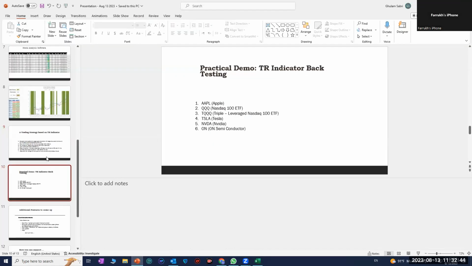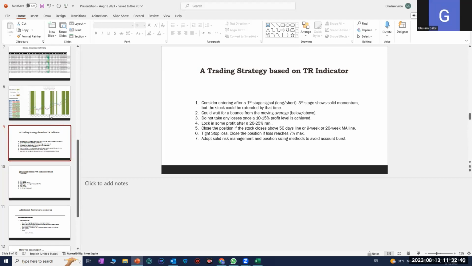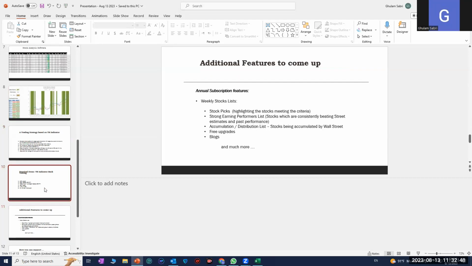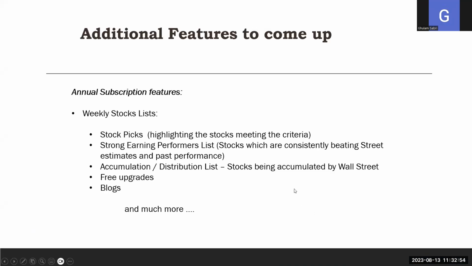Yeah. But our overall strategy, as I mentioned here, is more of a descriptive thing, where you analyze industries, like strong earning performance, stocks which are consistently beating their earning growth, stocks which are being accumulated by Wall Street.